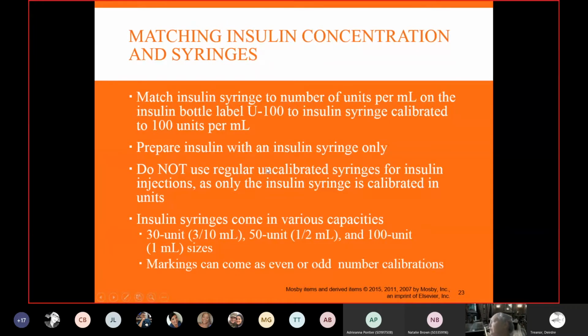Only use insulin syringes. Now, the insulin may be 100 units, but it's going to vary in capacity. So you may have 30 unit, 50 unit, and you can have up to 100 unit. It's still kind of a one-to-one thing though. And the markings can come as even or odd in the number calibration.